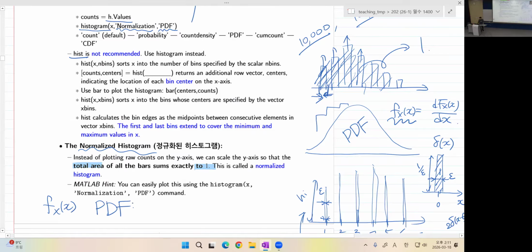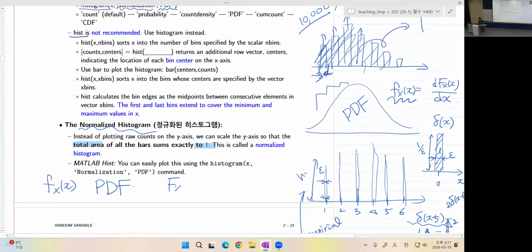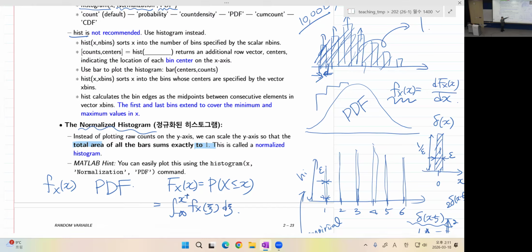And since CDF is defined as this one, you can easily see that your density integrated up to x plus, right, inclusive, then you have the CDF back. So in this way, PDF and CDF are related.